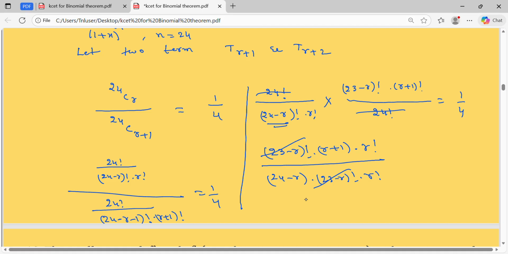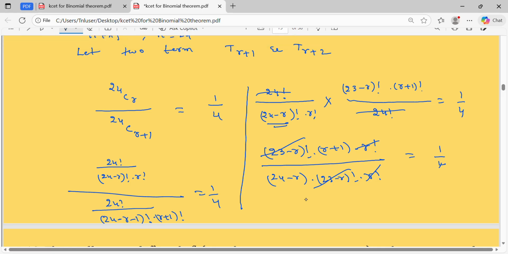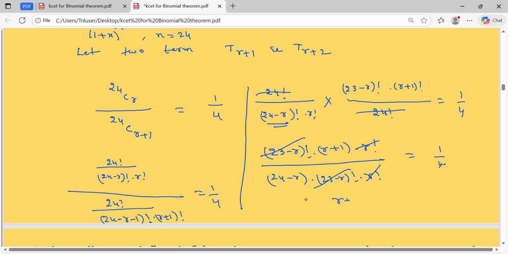Now this 23 minus r factorial cancels, r factorial cancels, that equals 1/4. Finally r plus 1 by 24 minus r equals 1/4, and then simplify this, we get the r value.